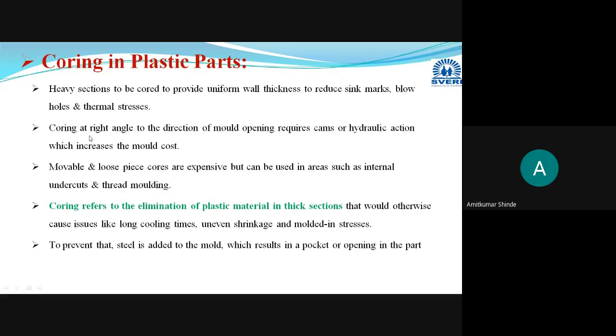Now generally coring is done at a right angle to the direction of opening of the mold. Whenever coring is done at a right angle, sometimes to do this coring you have to use cams or a hydraulic mechanism.